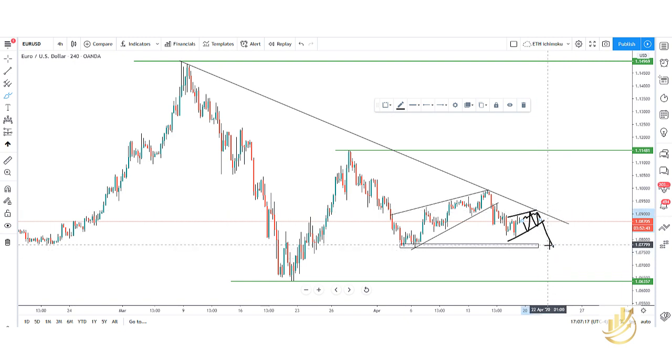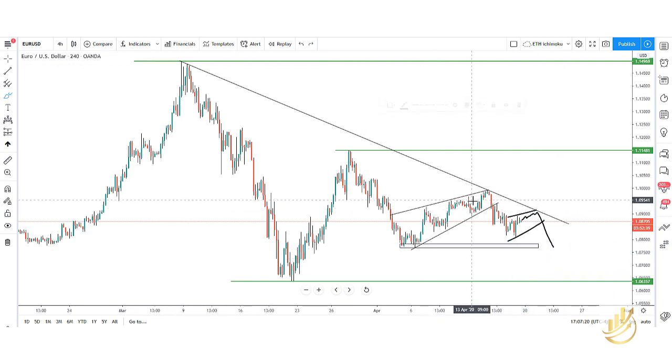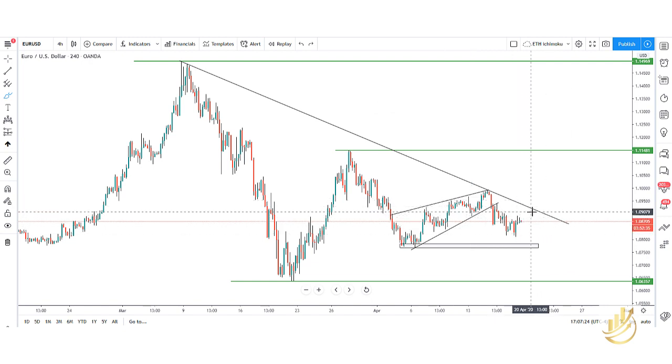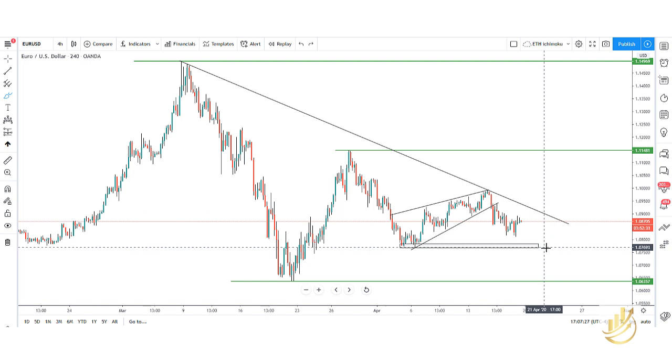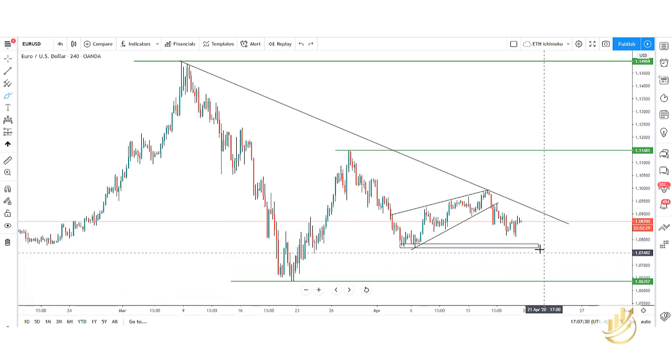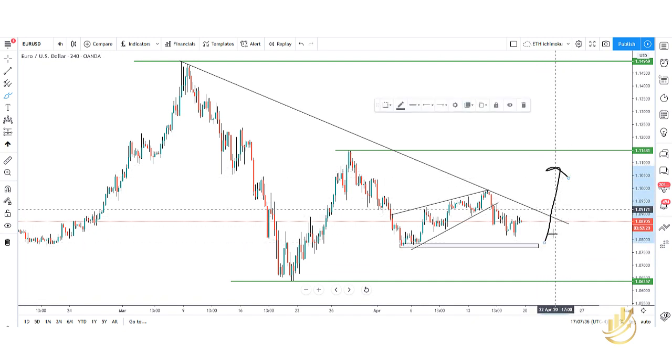And so this could be one picture of Euro Dollar where price could move down, touch this crucial support zone, and if we see a major rejection here, I might be interested in taking a long position.